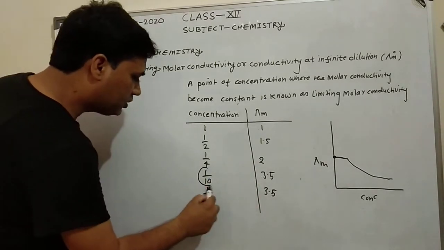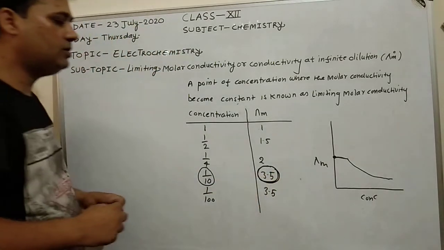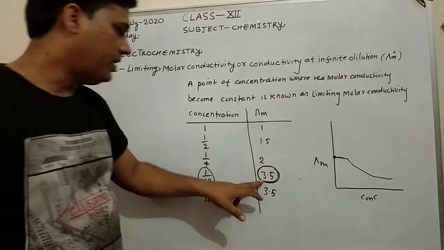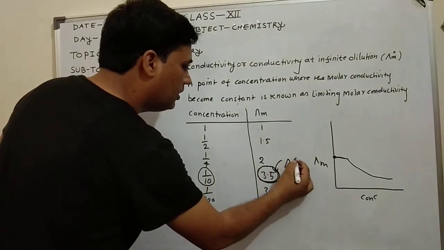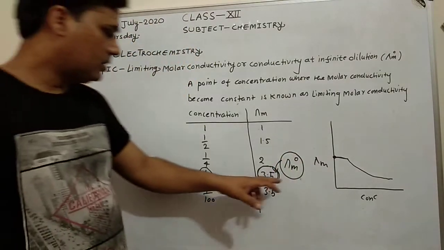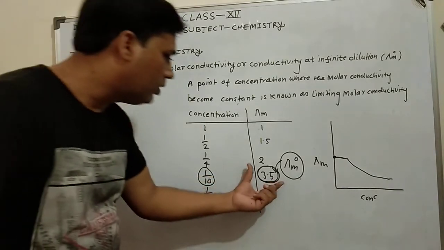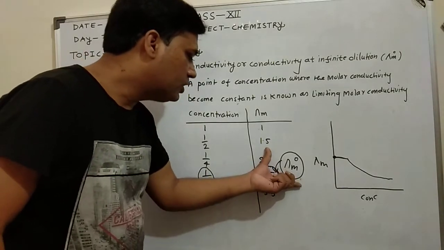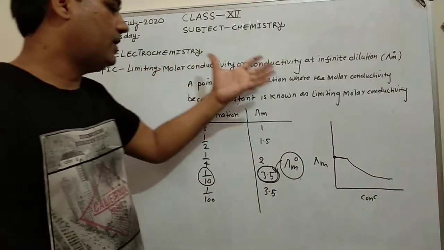So at this concentration, the molar conductivity is fixed, that is 3.5. So this is known as limiting molar conductivity. Limiting molar conductivity means the concentration of electrolytic solution where the molar conductivity becomes saturated, becomes fixed, is known as limiting molar conductivity.